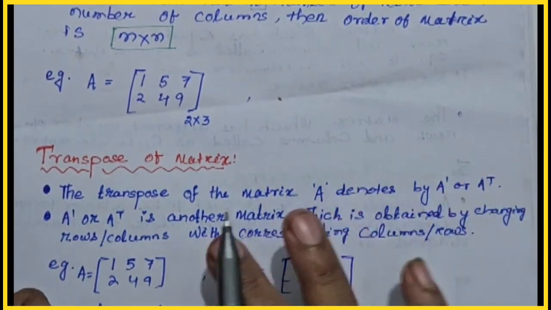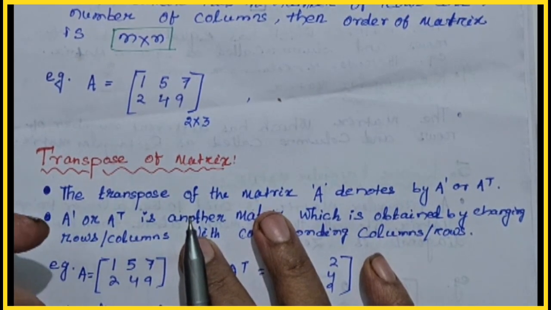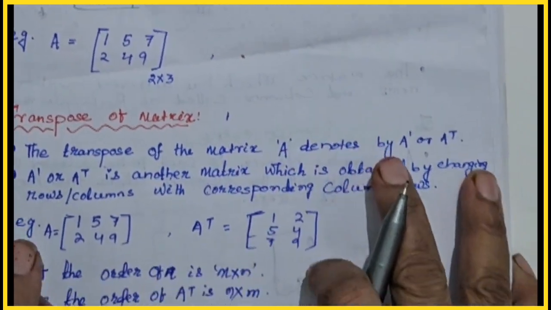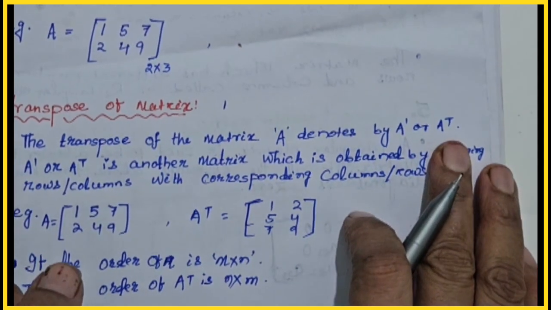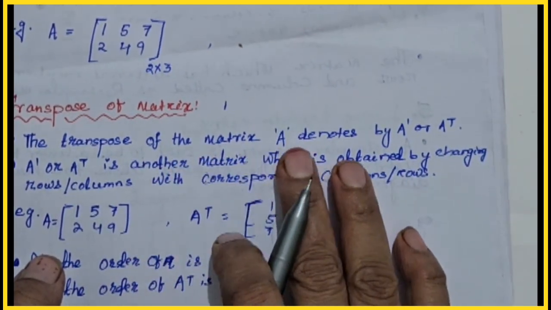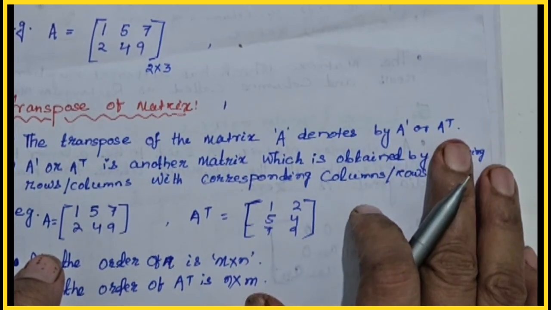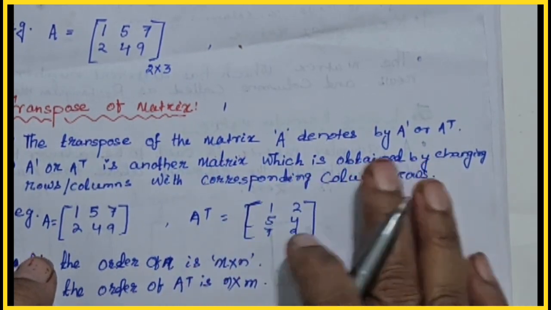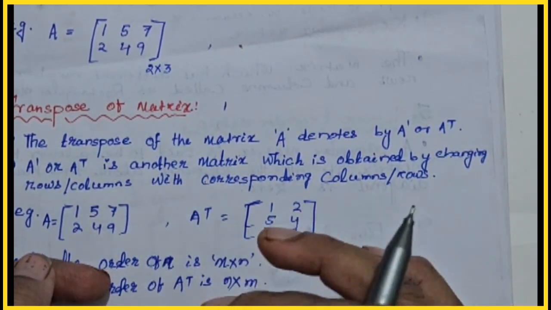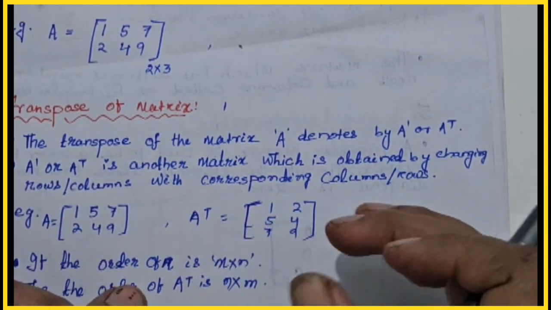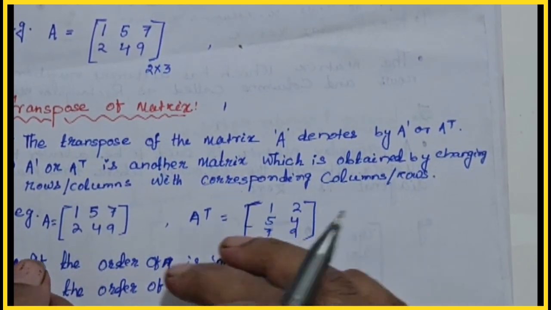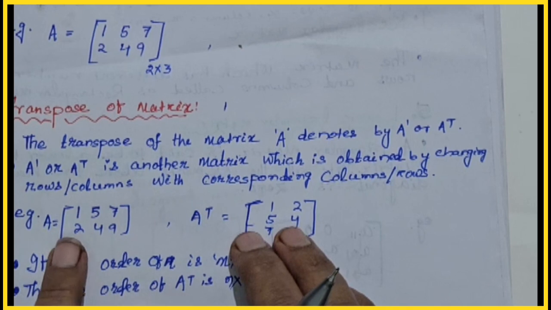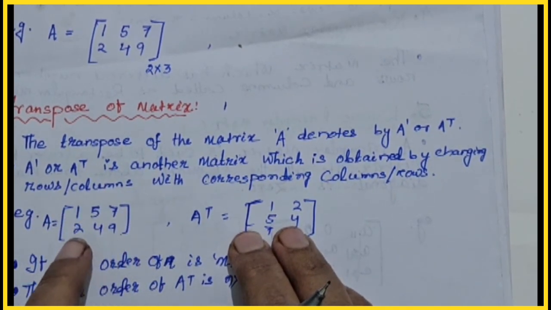Then what is transpose of matrix? If we write matrix A, then its transpose we denote as A dash or A T. The transpose of the matrix A denotes as A dash or A T, which is another matrix obtained by changing rows into columns and columns into rows, with corresponding columns and rows. Here the example is A, the elements of the matrix are 1 5 7 and 2 4 9.